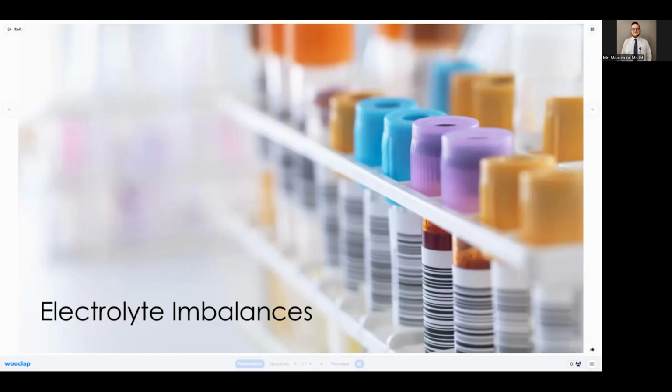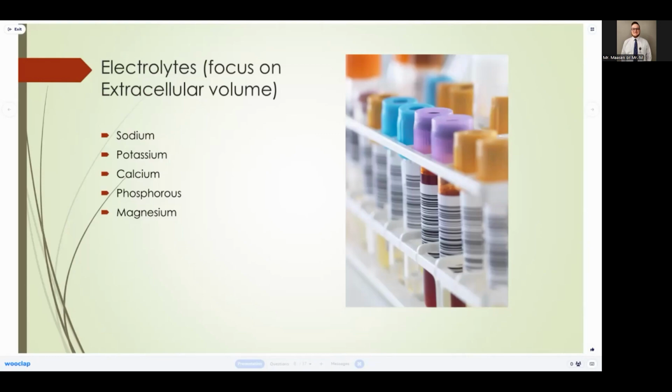Okay, so moving on past the fluid now to electrolyte imbalances. There are several electrolytes.